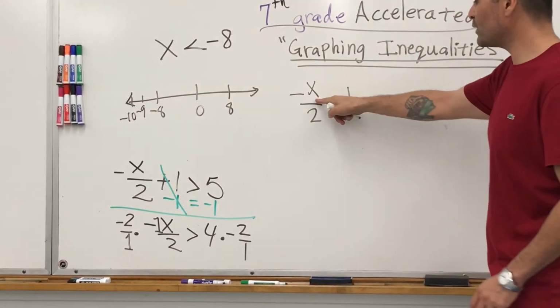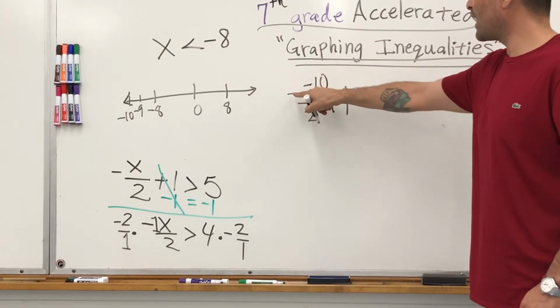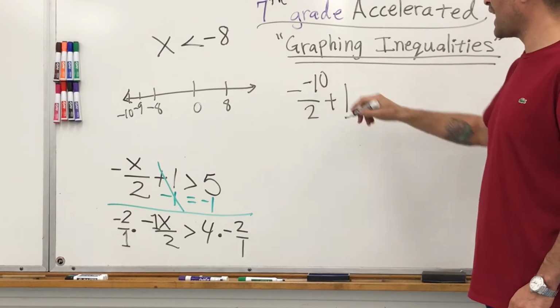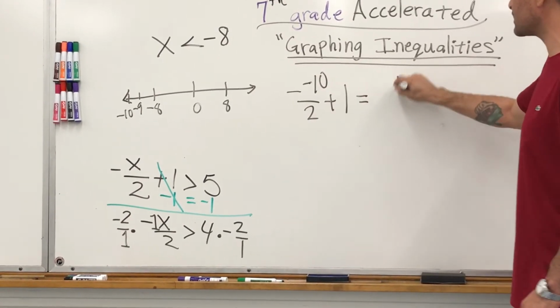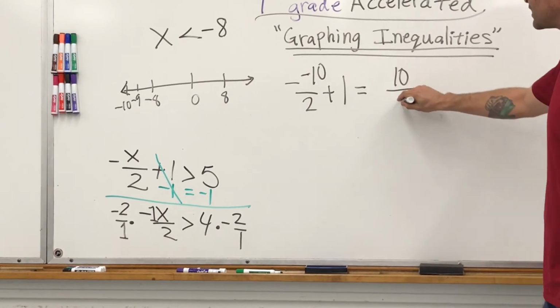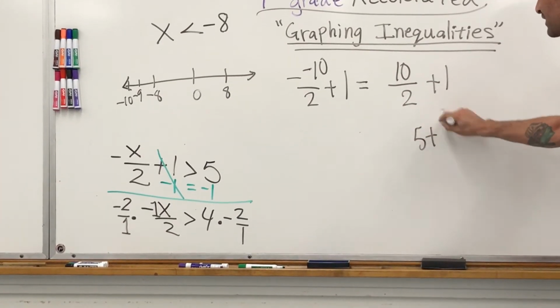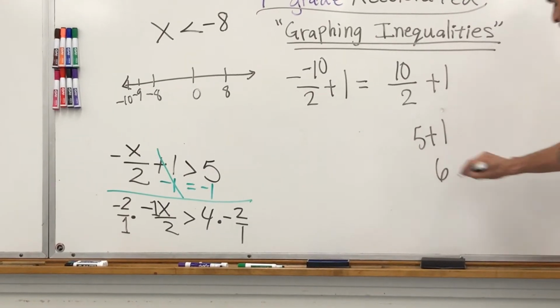You see, if we take this and we put in this -10 here, a -10 actually is going to be equal to 10. And 10 right here, if we divide it by 2 and add 1, actually equals 5 plus 1, which is equal to 6.